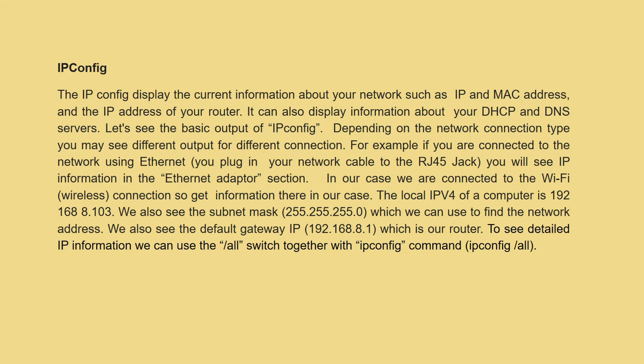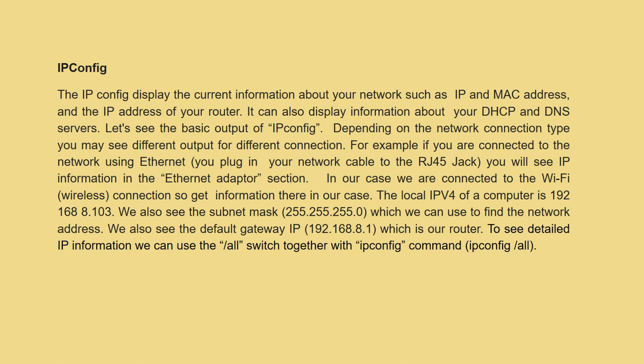Let's see the basic output of the ipconfig command. Depending on the network connection type, you may see different output for different connections. Be clear: depending on what type of network you are using, you may find a different output for different connections.